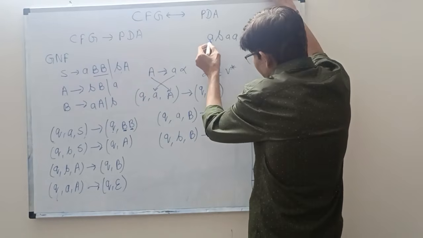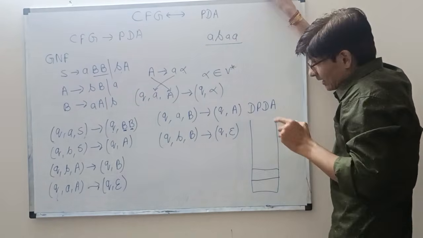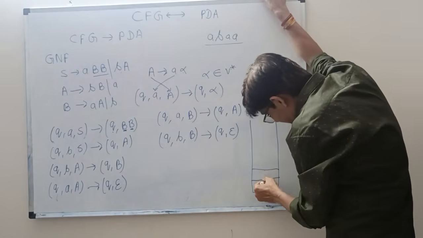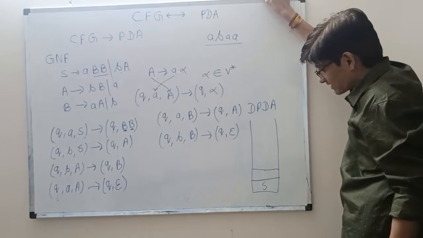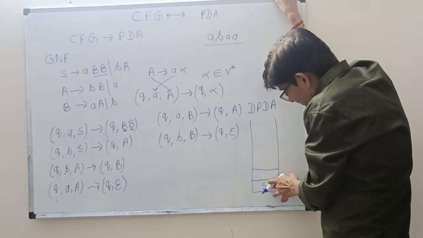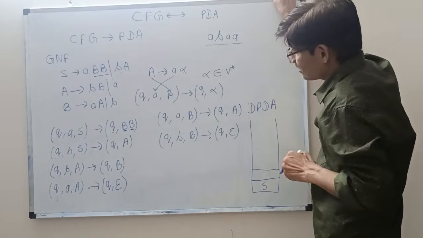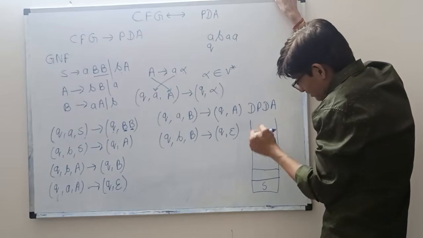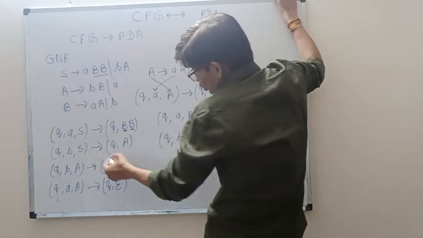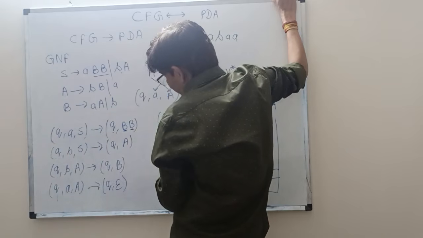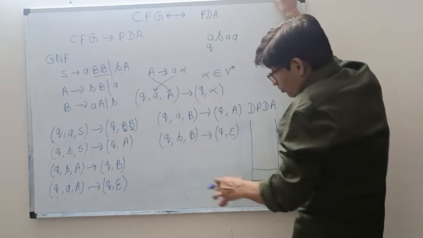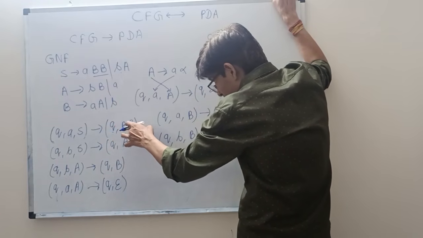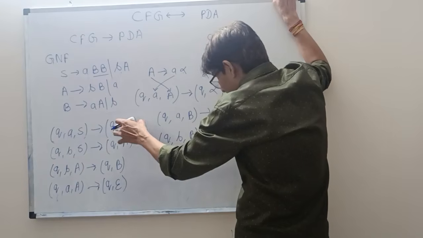As I told you, the start symbol of the grammar is considered the initial stack symbol. So S we put into the stack first, and then I'm in state Q. I'm reading A here and the stack top is S. I have this particular combination. According to this, I will stay in Q and push these two symbols into the stack.